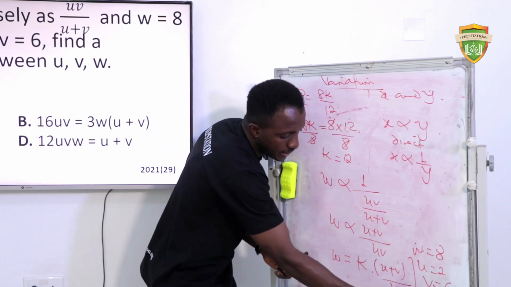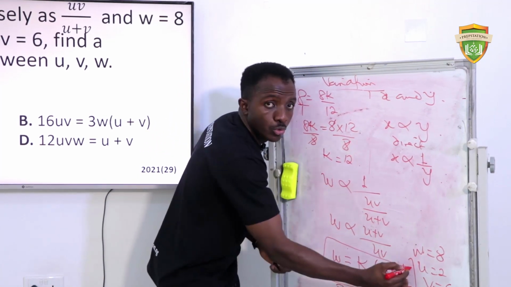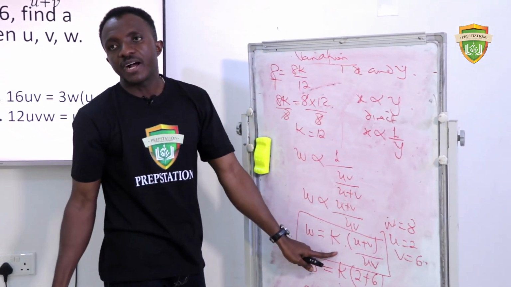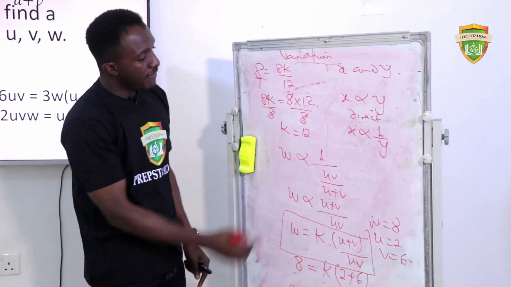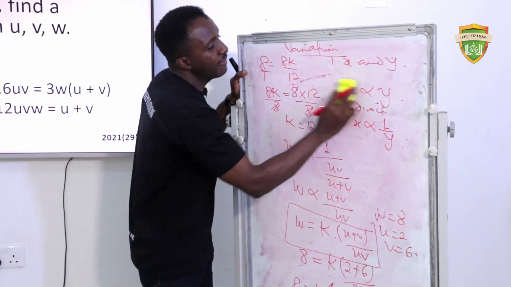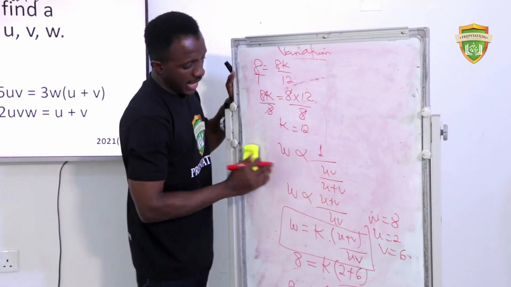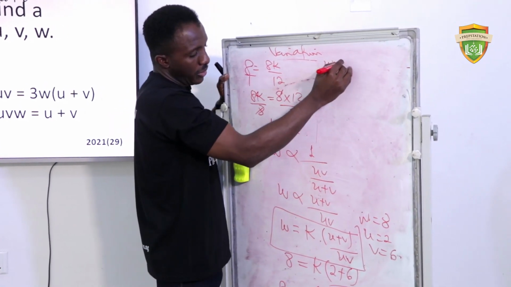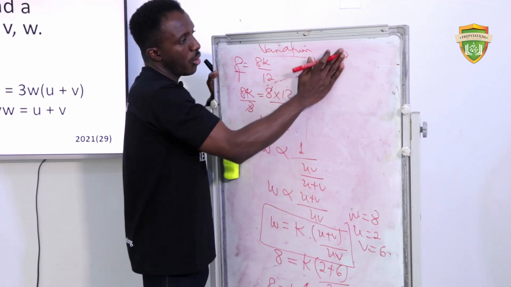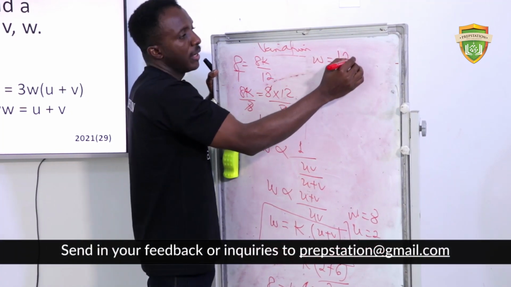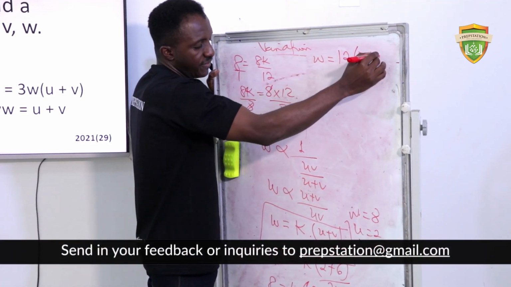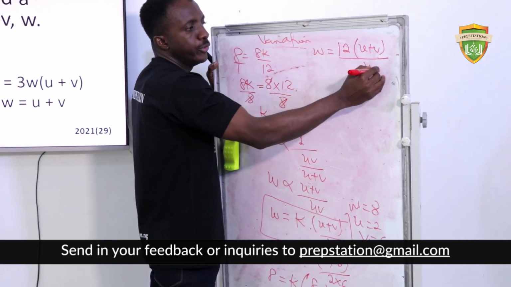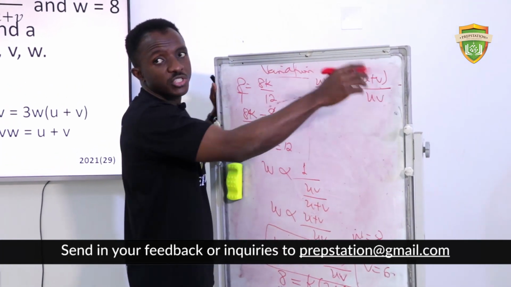I'll go back to this rule and substitute the value of k. If I do that, let me use this part of the board. I'm going to have w equals 12, k is 12, u plus v over uv. Now I can decide to cross multiply.